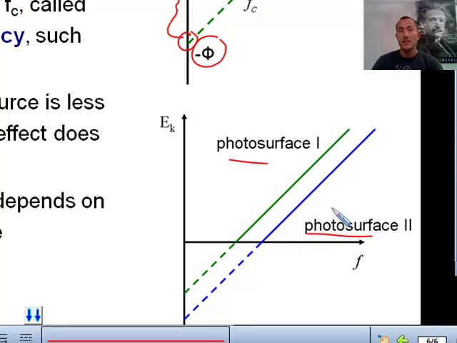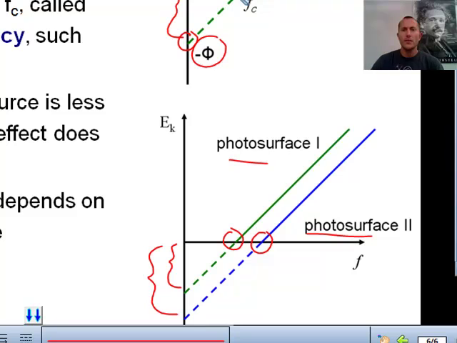The thing that's different is what that critical frequency is. On the blue graph, the critical frequency is higher. On the green graph, the critical frequency is lower. And what this means is that the amount of energy it takes to get the photoelectron off of the surface is different for each of the two metals. For the green line, the energy to get it off of the metal is smaller. For the blue line, it's larger.